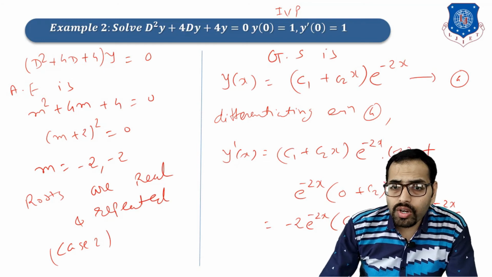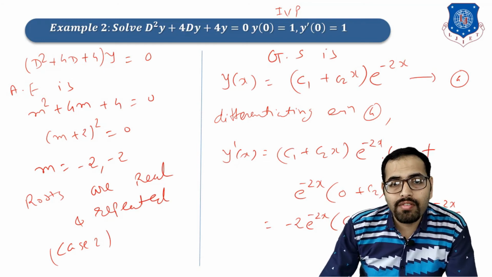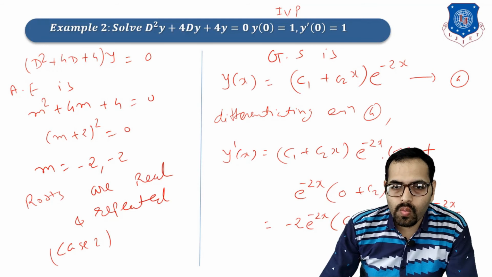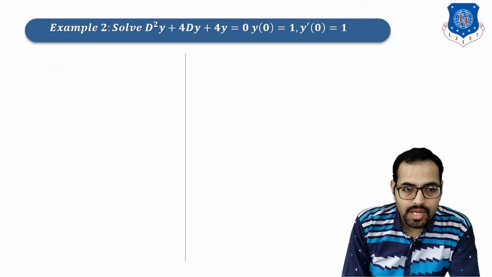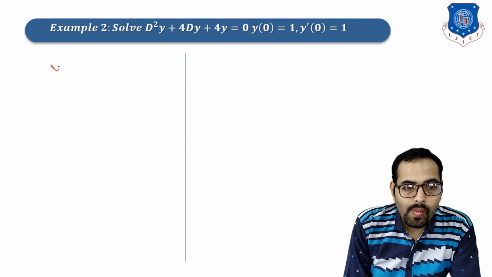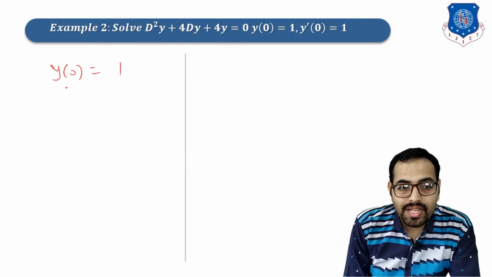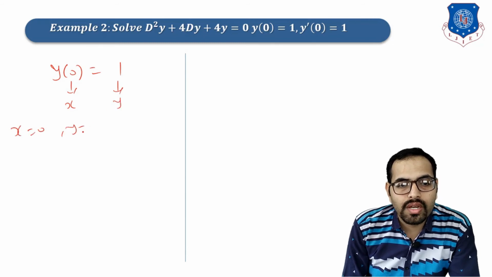Now with the help of the IVP we substitute the values. Our IVP y(0) = 1 means the value of x is 0 and the value of y is 1.